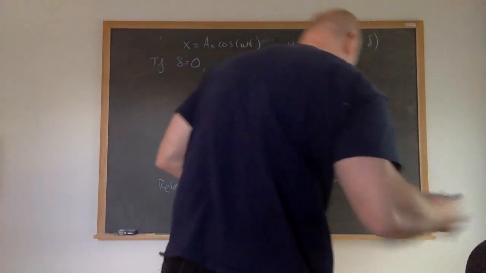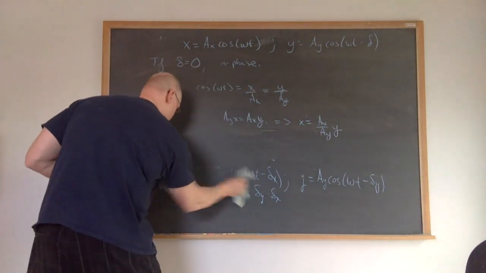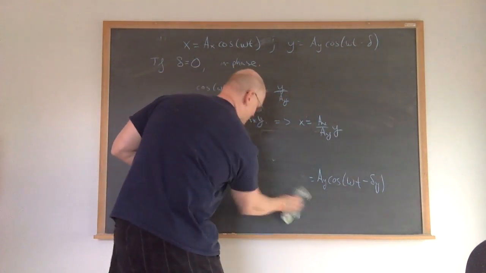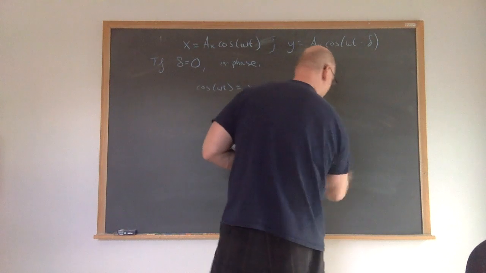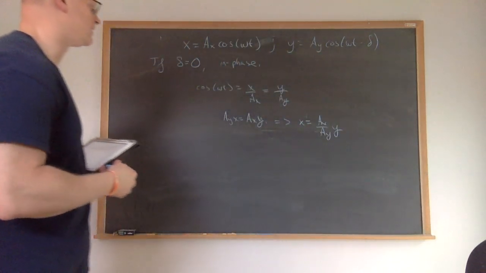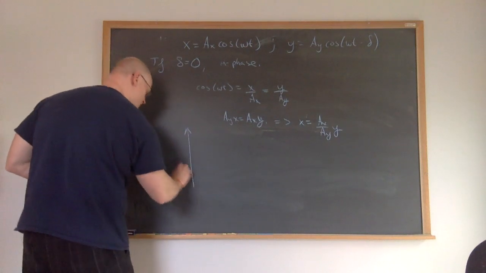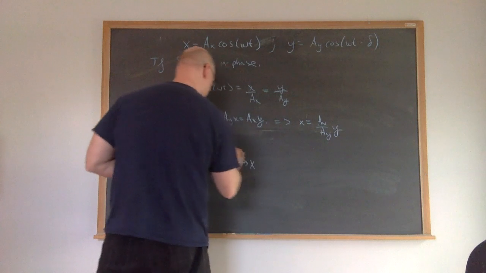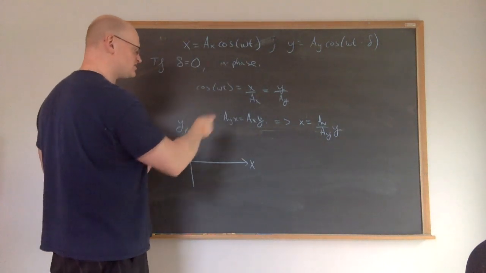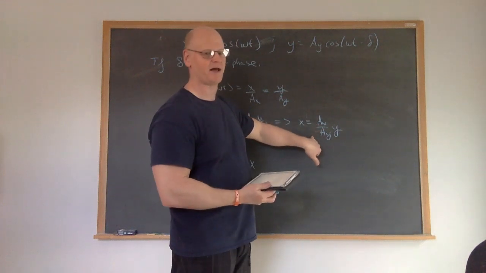If I think about plotting this in a two-dimensional coordinate system, then as long as the relative phase is equal to 0, meaning that these two things are harmonically oscillating exactly the same, then in my xy coordinate system, this is actually just a straight line, which has a slope of simply Ax divided by Ay.